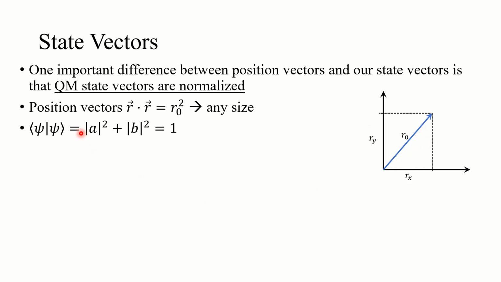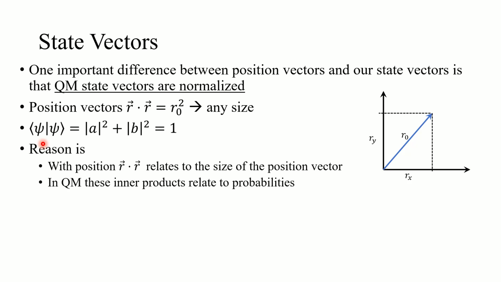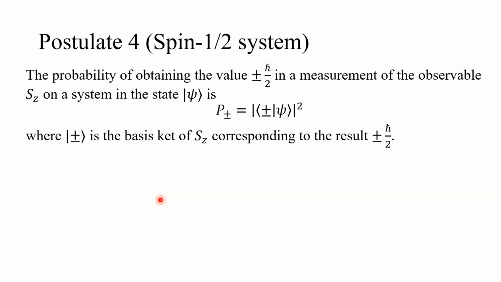Whereas in quantum mechanics, if I take the inner product of my state vector with itself, I get 1. It has to be so. They are all normalized in that way. And the reason is, in quantum mechanics, these inner products relate to probabilities. And the way that works is through what the textbook refers to as postulate 4, and they apply it to the spin 1/2 system we've been discussing in chapter 1.